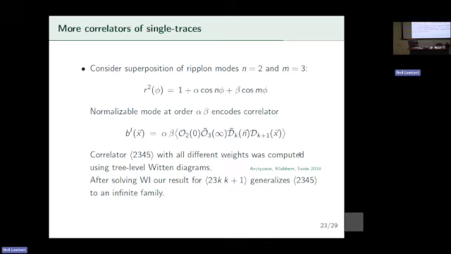And this correlator contains operators of all different dimensions. This correlator was computed for the first time quite recently using Witten diagrams, and we almost effortlessly generalized this result to the infinite family of correlators.